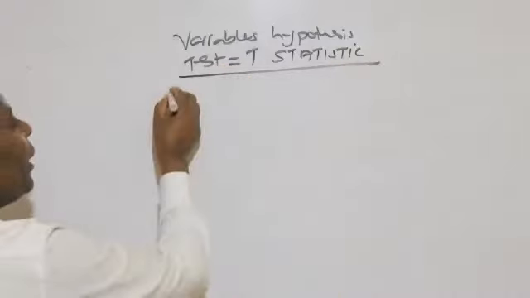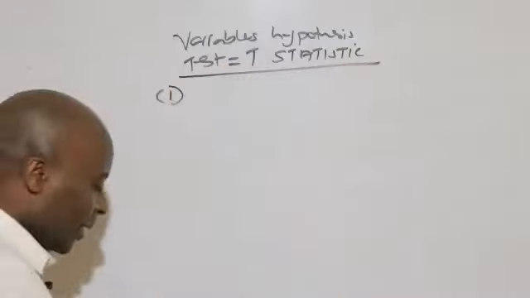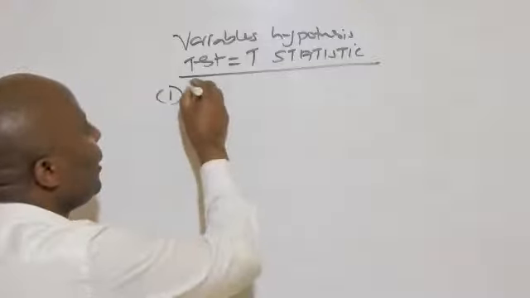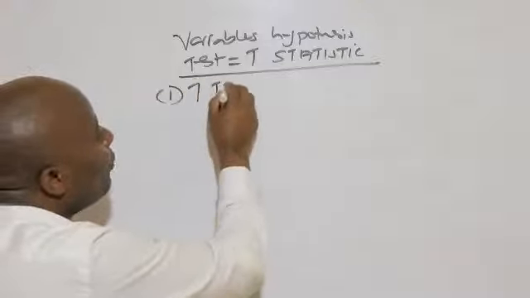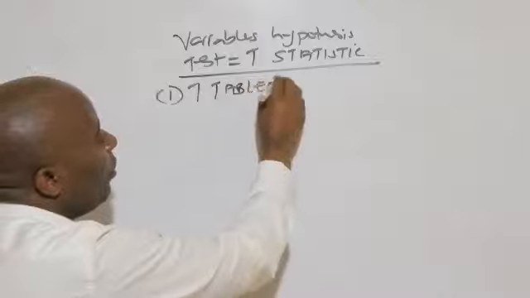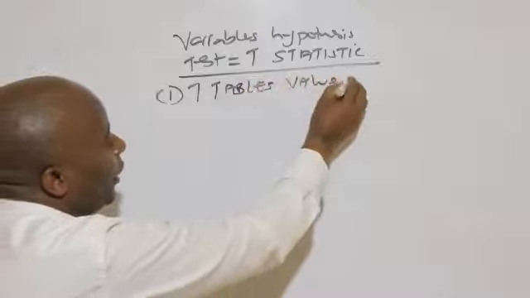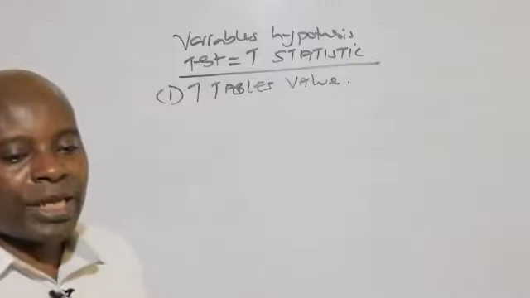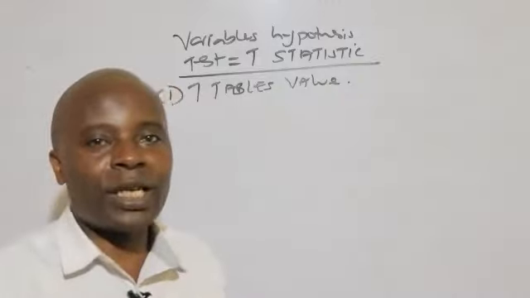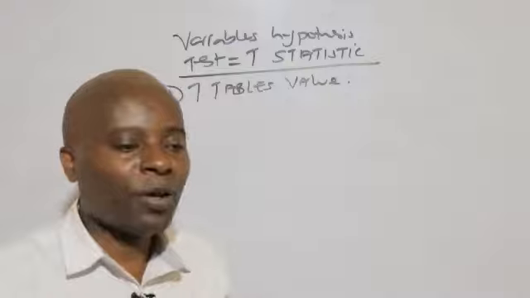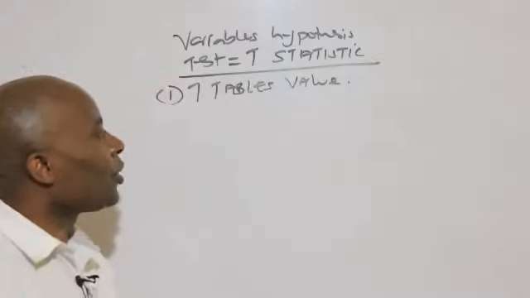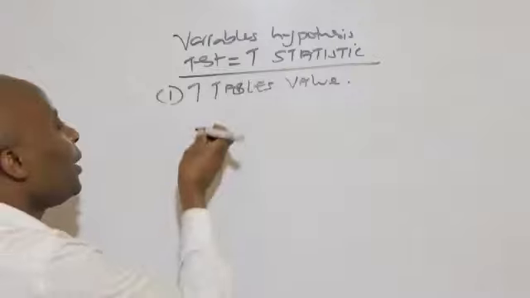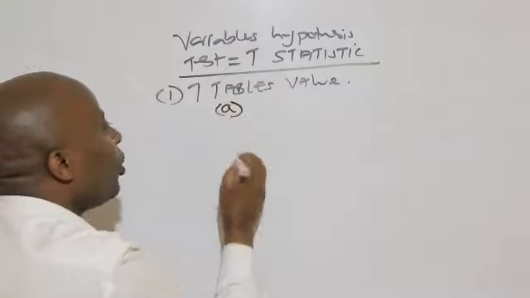And remember step number 1 of the t-statistic. Step number 1, give us the t tables value. It's called a student t table. It was discovered by a student like yourselves. So for me to read this t tables value, what do I need?